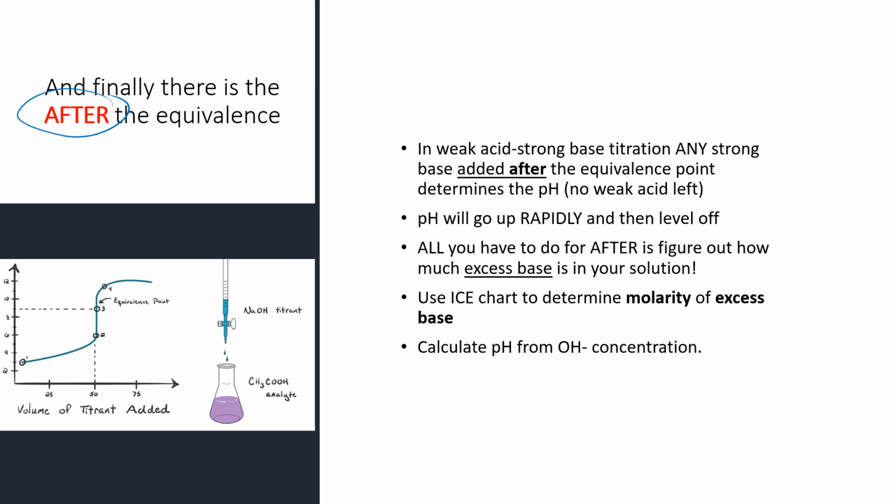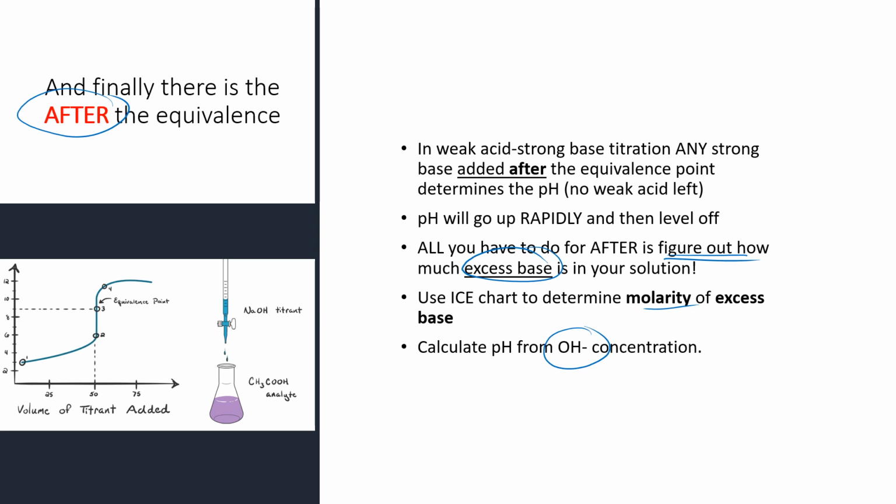However, how do we get at this excess base? Well, not surprisingly, this is going to be thanks to our ICE chart. We're going to use the ICE chart to get at the molarity of our excess base. We're going to calculate pH from that OH minus concentration.